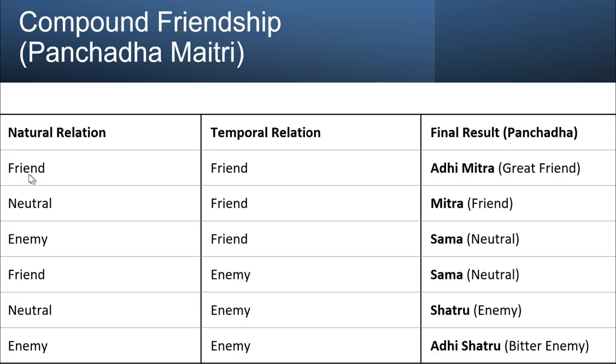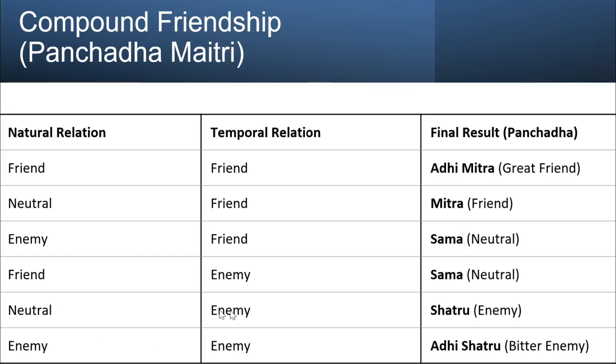So if a planet is neutral in natural relationship but a friend in temporal, he is just a good friend. Neutral plus friend, good friend. But enemy plus friend, because one is enemy and one is friend, the net result is neutral. So they will be neutral to each other. Again, friend plus enemy, same thing, again neutral.